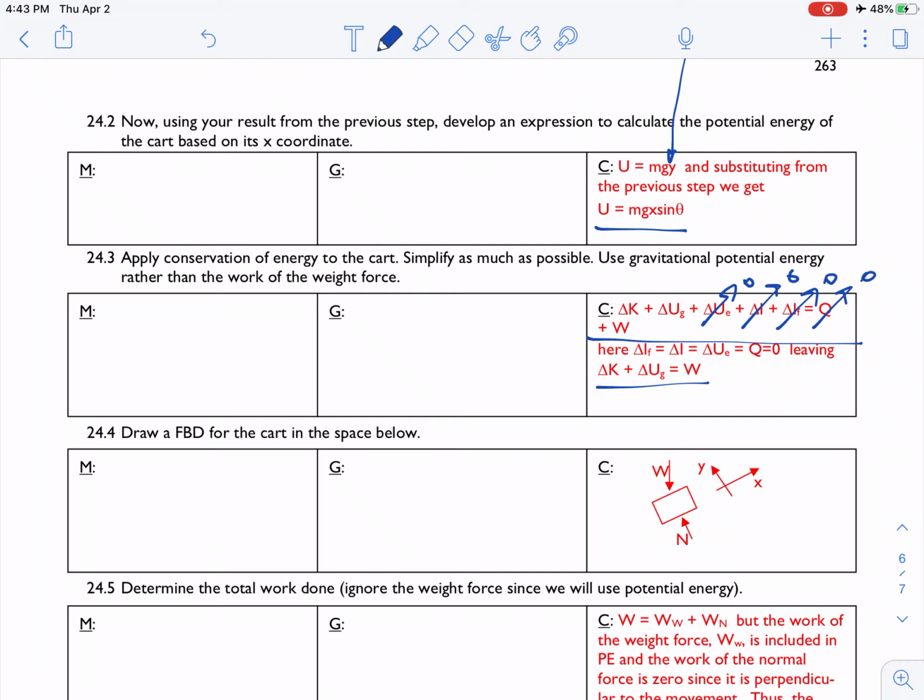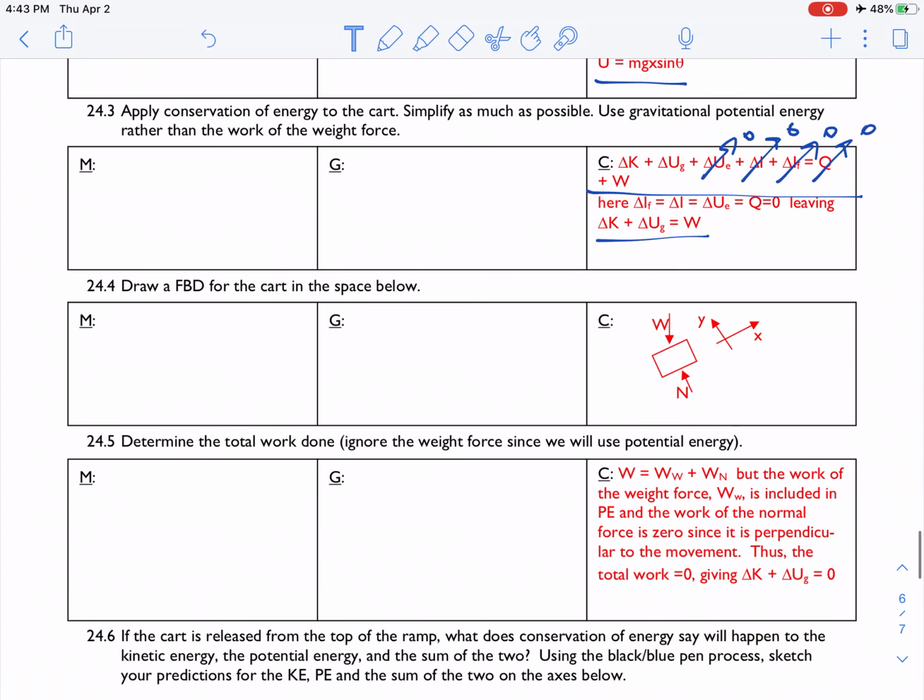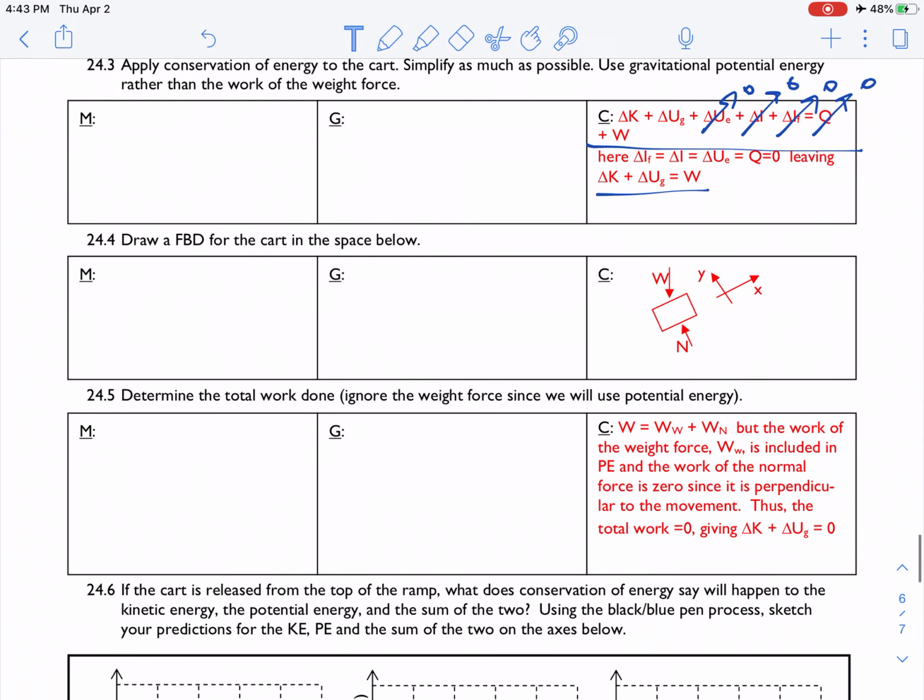Next is drawing the free body diagram. We have weight force downward, normal is perpendicular to the surface. And we have also drawn the Cartesian coordinate system. After that, we are going to find the total work done. Okay, so that's the right side of this equation. Since we have two forces only on the free body diagram, we have two terms in the work term.